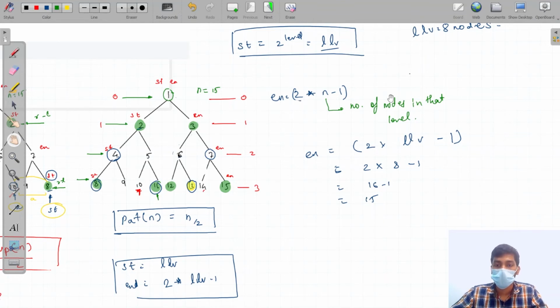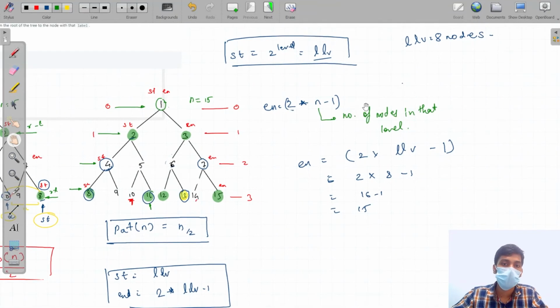This n signifies the number of nodes in that level, and the number of nodes we have already found from the last level value, that is nothing but the starting point. So if we just put the starting point here, we are able to get our answer.